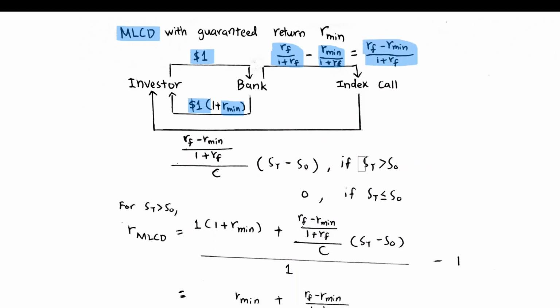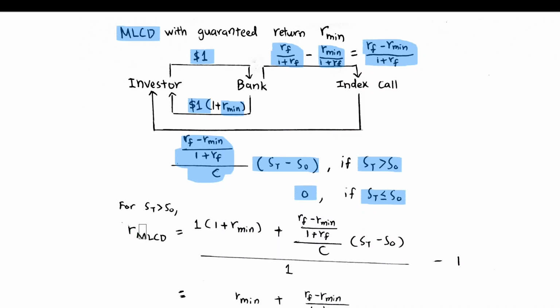When the stock price in the future increases, then the investor will get the profit amount of the number of units of the call option multiplied by the increase in the stock price. If there is no increase or if there is a decline in the stock price, then the investor will not get anything out of the index call.